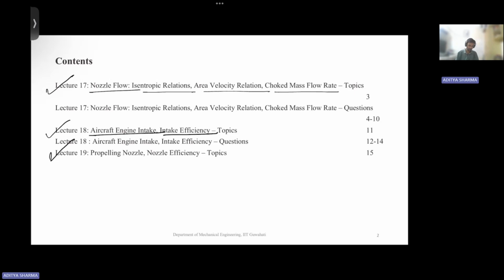Then is the propelling nozzle and its efficiency, the nozzle that we will fit in the engine after the turbine. That has been discussed in lecture number 19. I don't have questions on this lecture, but we will still discuss it.